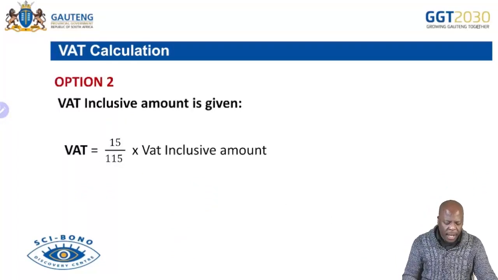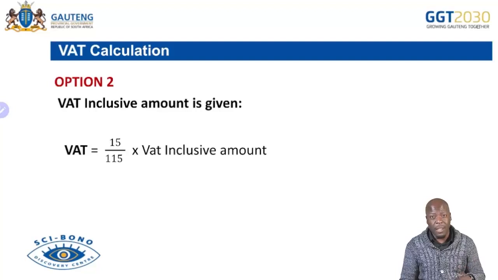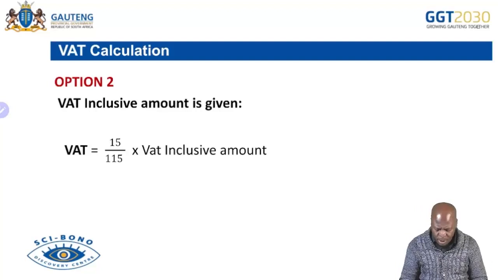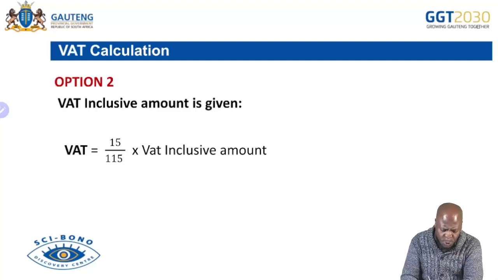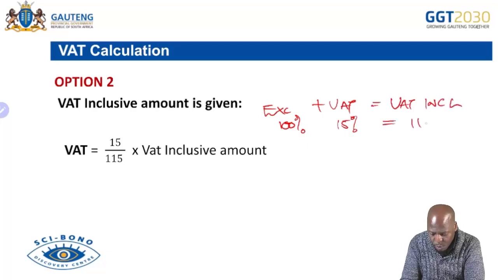When we have an inclusive amount, this means VAT is already added within this amount. Let's see how this will pan out. Remember, exclusive, we agreed, is 100. You remember that other slide. And your VAT is 15. Therefore, your VAT inclusive becomes 115.